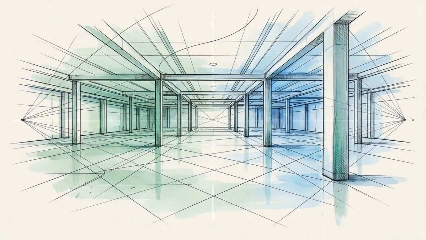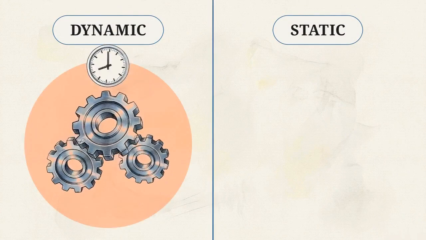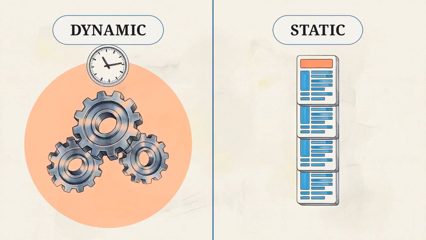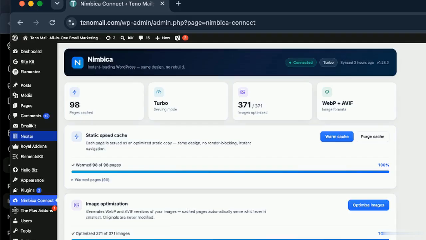The structural cure is called static page generation. Instead of building pages on demand while the user waits, the server creates them in advance. The Nimbica platform converts a dynamic WordPress site into a set of pre-rendered, lightweight static files. Inside the Nimbica Connect WordPress dashboard, the static speed cache module handles this transition by serving optimized static copies to eliminate render blocking.